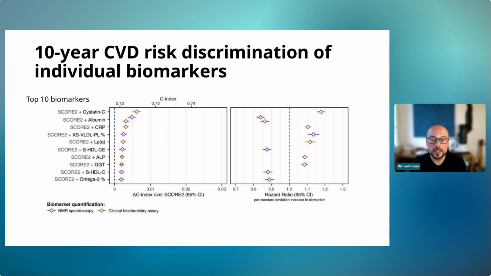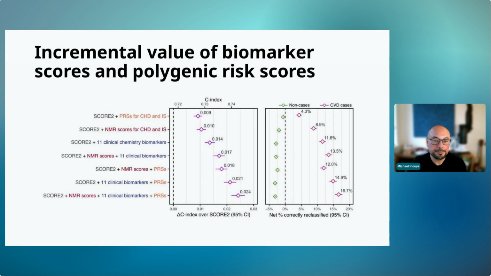But there are quite a few of these, and you can see the hazard ratios there as well. So the point is that you see some signal even at the individual biomarker level for prediction of cardiovascular disease in this subset of UKB.